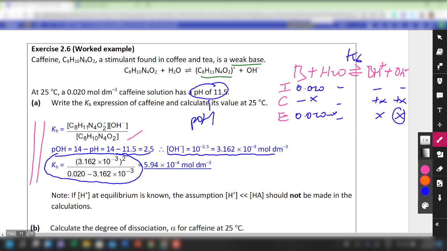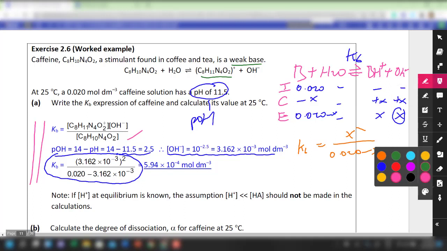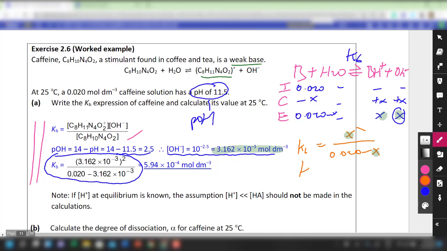So essentially the Kb expression is x squared over 0.020 minus x. You notice that the x has already been calculated out for you, as I mentioned earlier on, because it's given to us indirectly. So we're just going to substitute in, and then we should be able to get a Kb value over here.